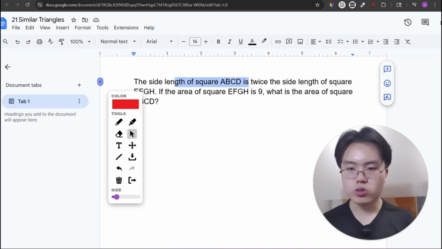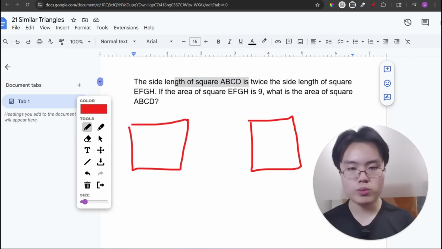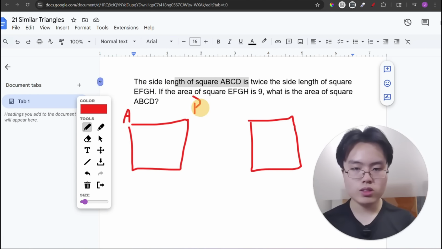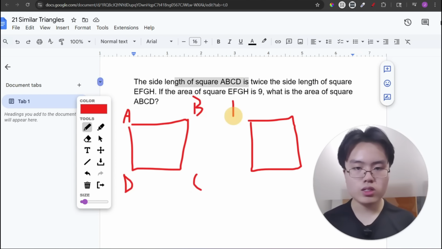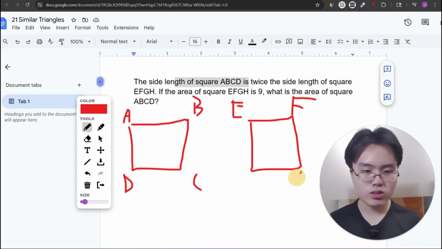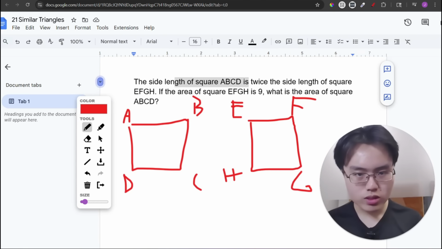Okay, let me draw this out because I should. Right, so here's a square. I know it doesn't look like a square, but we do our best. This is A, B, C, D. And then this is E, F, G, H. Anyways, this is twice the side.